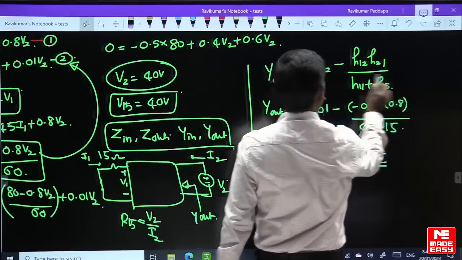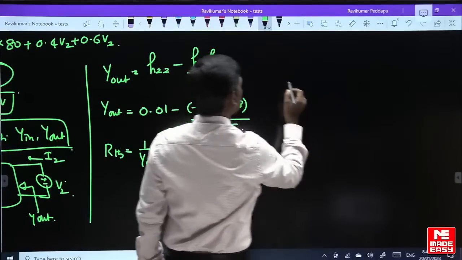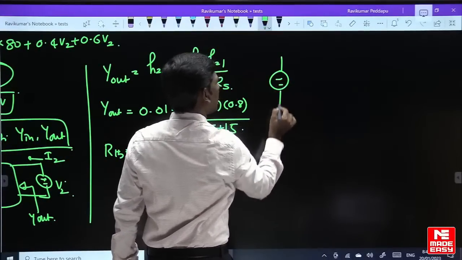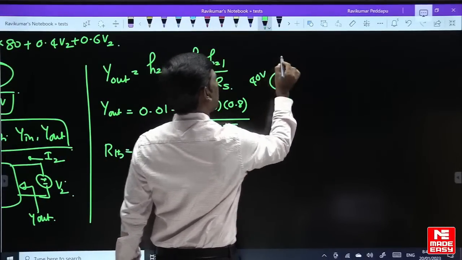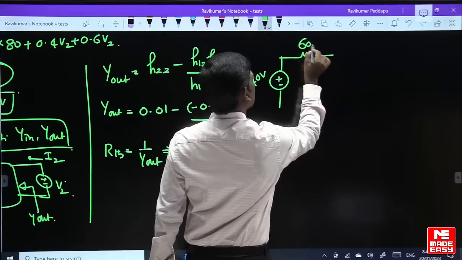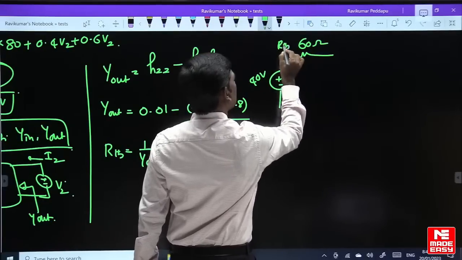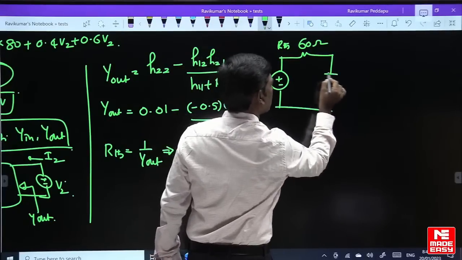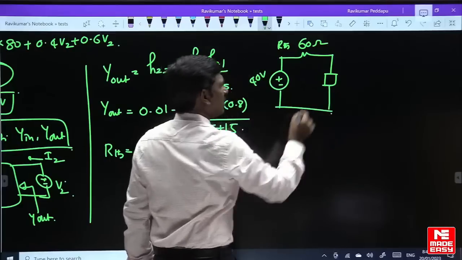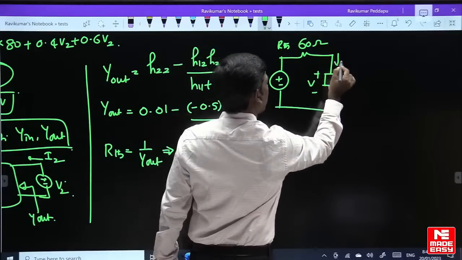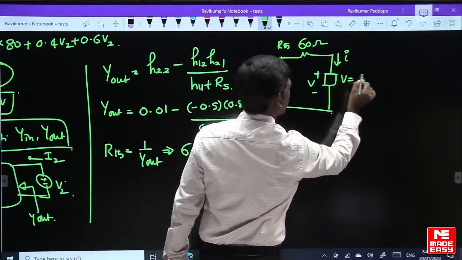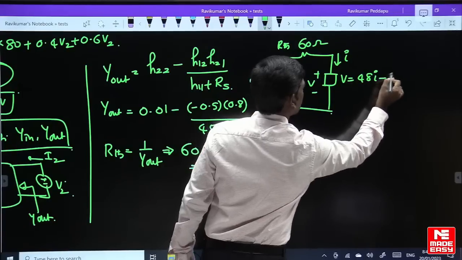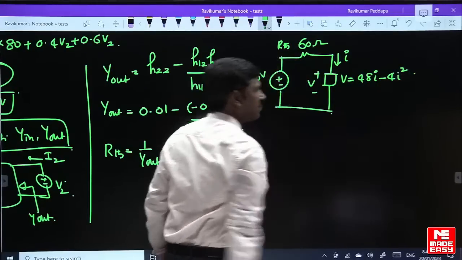Now connect the load. VTH is 40 volts, RTH is 60 ohms. This is a nonlinear load with V and I, and the information given is V is equal to 48 I minus 4 I square.